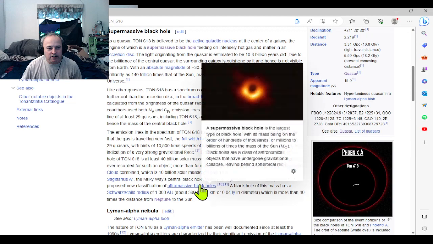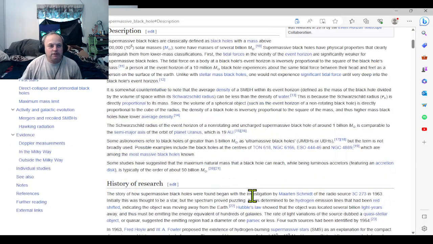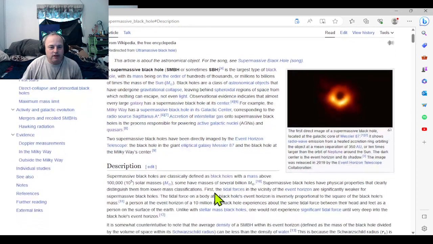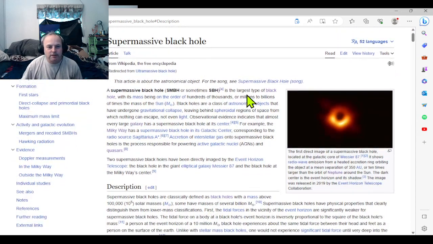it's a highly, highly concentrated mass. So in a supermassive black hole, mass being hundreds of thousands or millions to billions times the mass of the sun, and that's what I'm talking about. That's the mass of a galaxy. Okay, that's what the mass of a galaxy is.